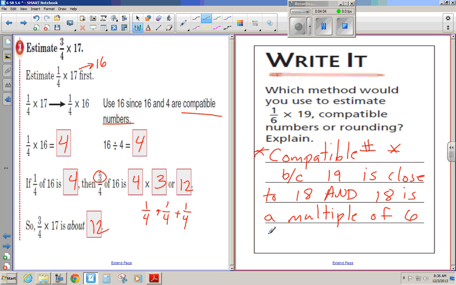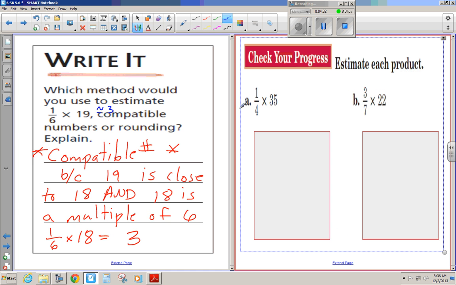So basically now I can say that 1/6 of 18 equals 3. And so my estimation is that 1/6 of 19 is about 3. That's how this works. If I'm moving too fast, pause the video, write this down, and re-listen to it if you need to.